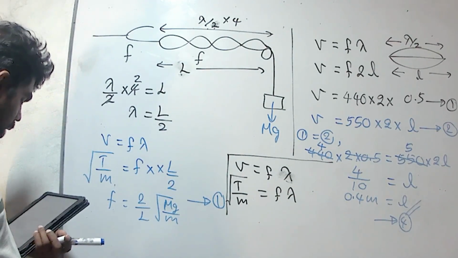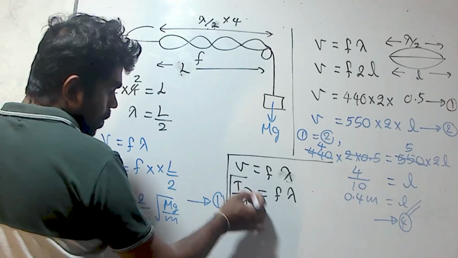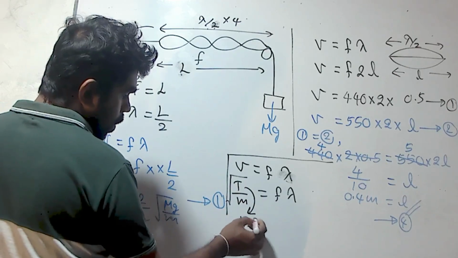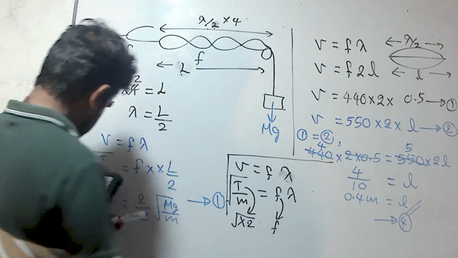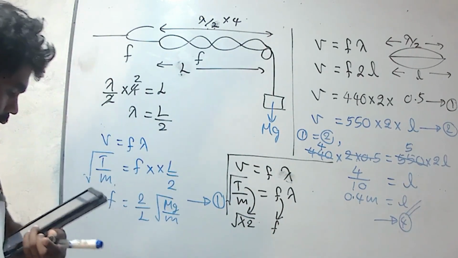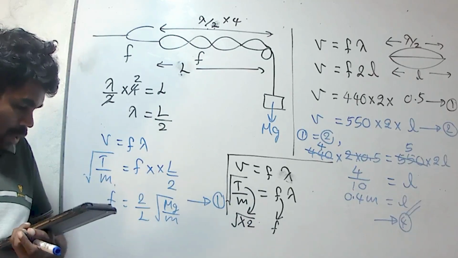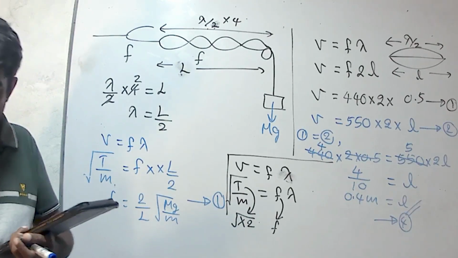Now tension is doubled, therefore frequency should be root 2 times. Then it increases by a factor of root 2. Answer is 3.